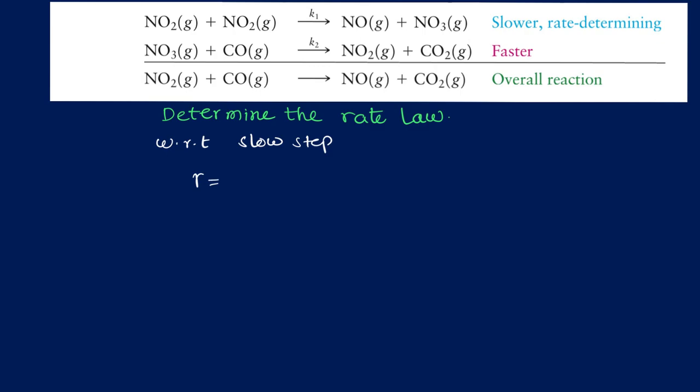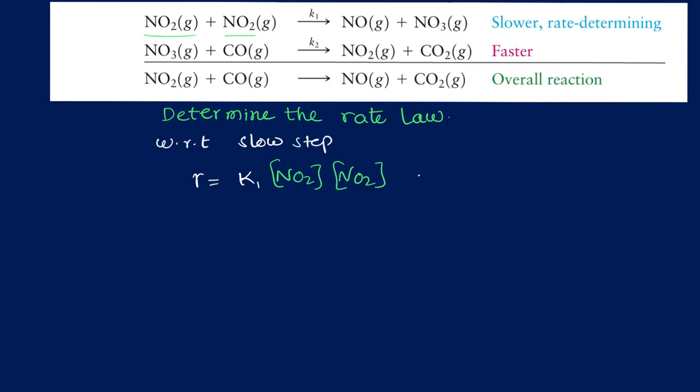Rate is equal to K1. What are the reactants? Reactants are NO2 and NO2. Therefore, I can write NO2 concentration and NO2 concentration.